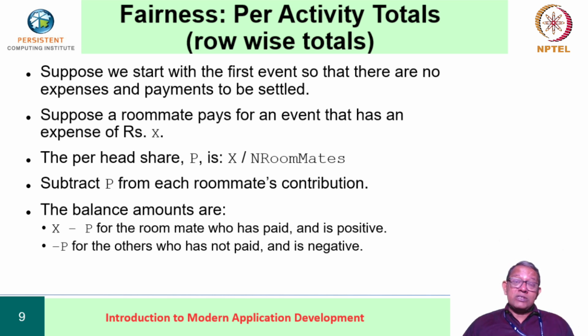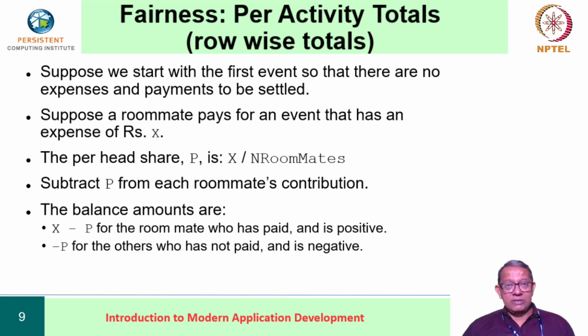The balance amounts then would be, for the roommate who has contributed, X minus P. X has been contributed by that roommate and P is his or her share.